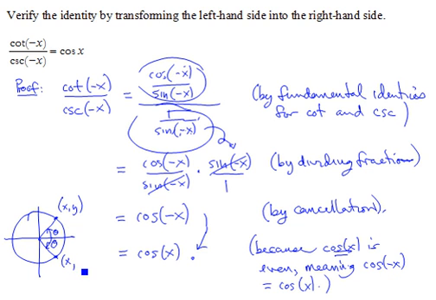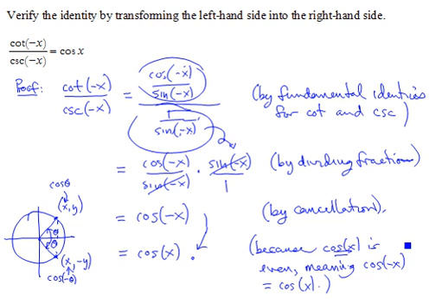The y-coordinate is now the opposite of what it was before. Right? If this was our y value, then we're now below the x-axis, making it negative, but the x-coordinate is precisely the same, which shows that the cosine of theta, which is x, is the same as the cosine of the opposite of theta, which is still x.